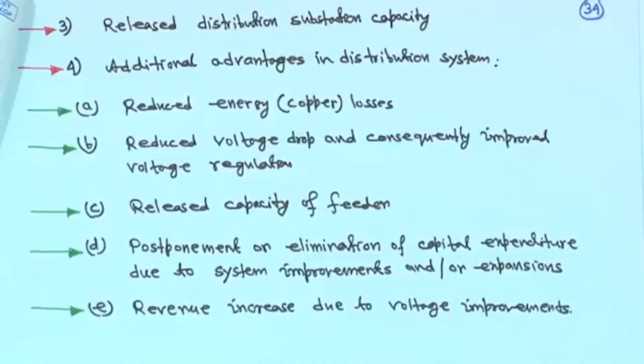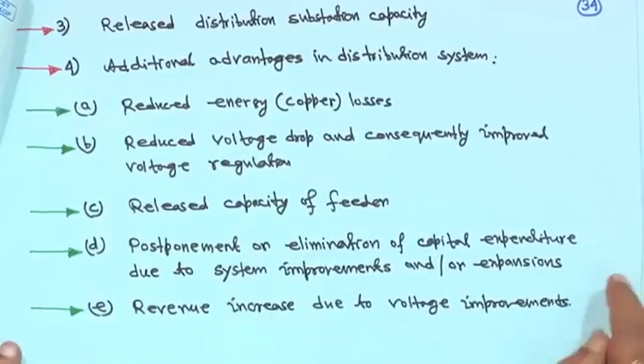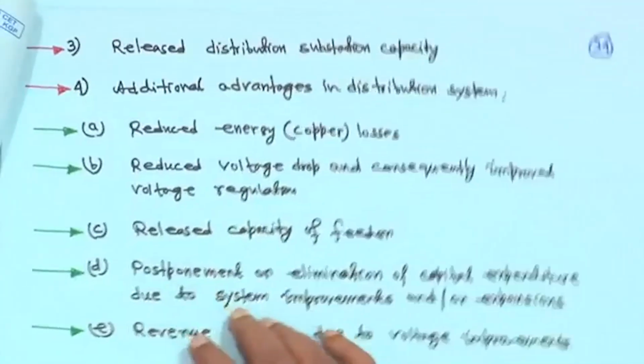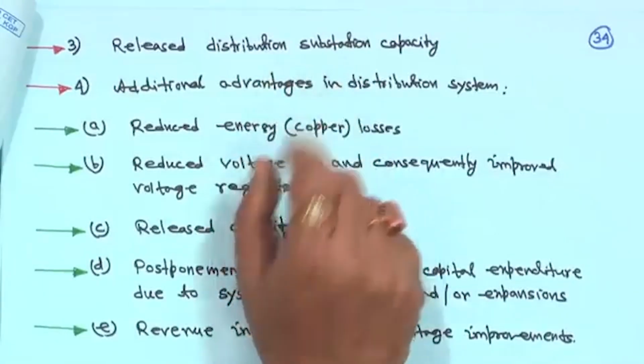Now, third thing is release distribution substation capacity. I told you that in a distribution system, as soon as you connect reactive power support, that is shunt capacitor, the substation will draw less reactive power. Therefore, it is releasing distribution substation capacity.